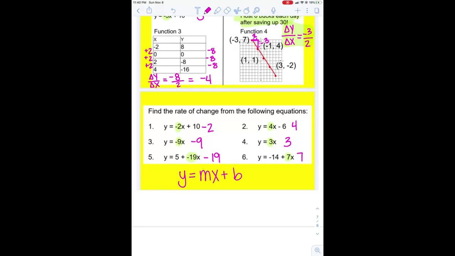And on 6, my rate of change is +7 because my coefficient was a +7. So just like I said earlier, if you have a y equals mx plus b equation, your rate of change is always the m, which is your coefficient, and also the slope.